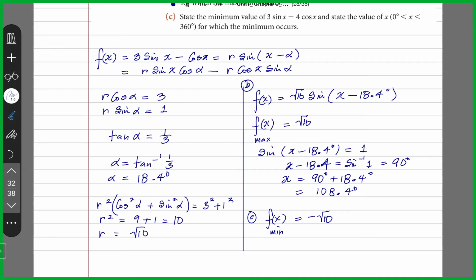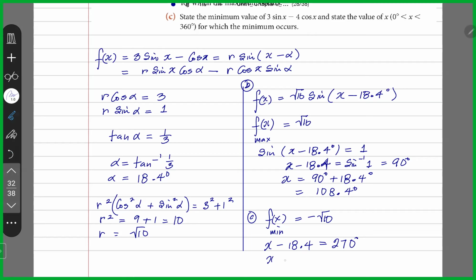Now, for the sine of x minus alpha to be equal to minus 1, x minus alpha must be equal to 270 degrees. So x minus alpha, which is 18.4, is equal to 270 degrees.